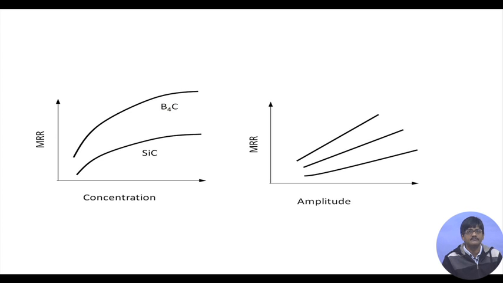What can be the difference? How is this particular difference explained by the model? The model that we have studied does not take into account any of the abrasive properties. These are the two abrasives which are used. So, if these are the two abrasives used, why then should they give different MRR? Because there are no properties of abrasives in the final expression of MRR.